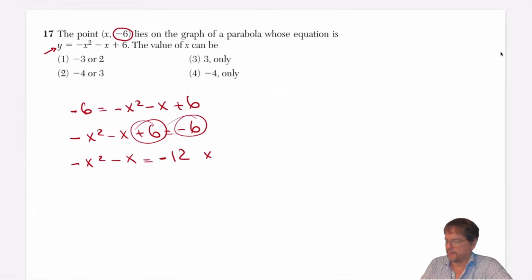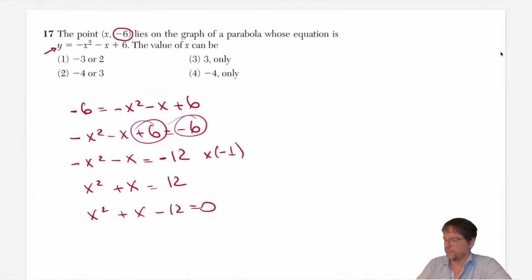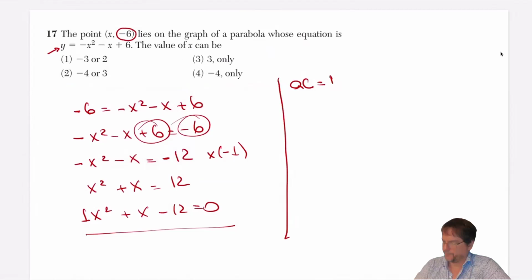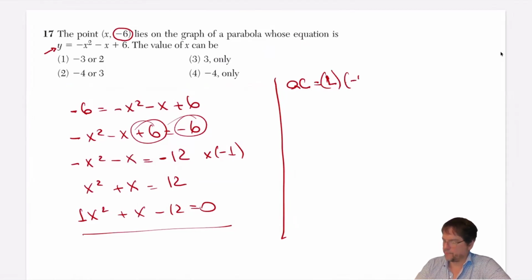I will multiply by minus 1. So minus is plus, minus is plus, minus is plus. I will pass everything to the same side. Is that okay? Now you find the roots, the zeros, okay? That make this true. So AC is equal to 1 times minus 12, is minus 12.